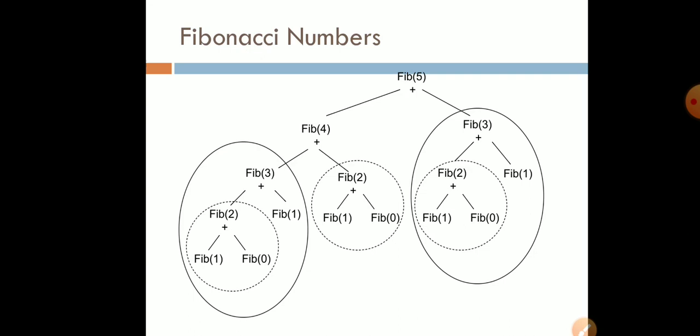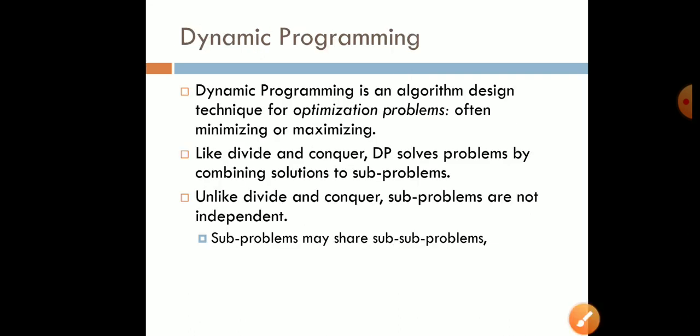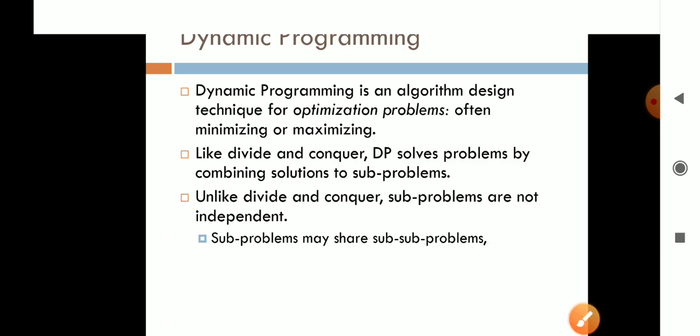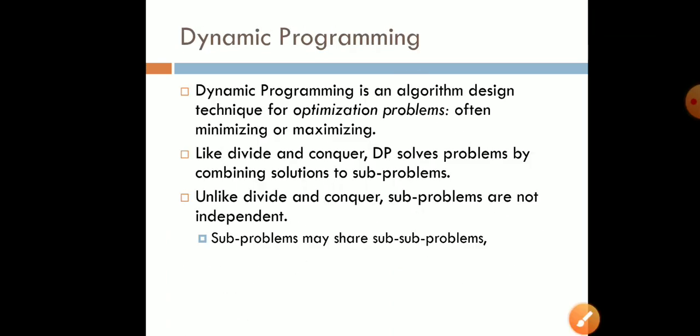Okay, so it may be used multiple times in your program or in your algorithm. Unlike divide and conquer, here subproblems are not independent, those subproblems may share subproblems. So here in this example we have this particular main problem.